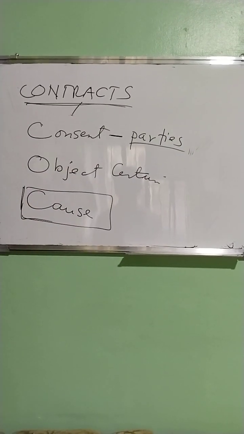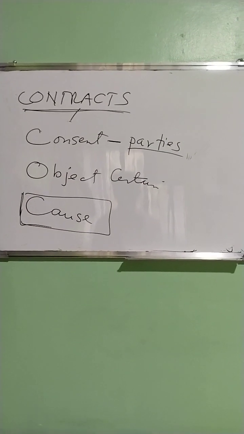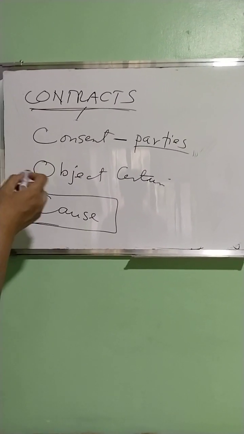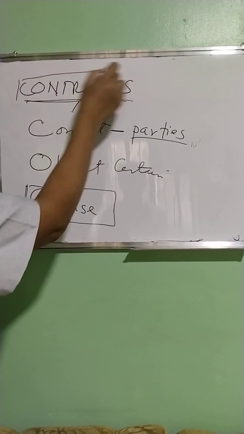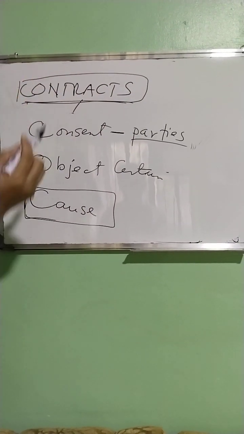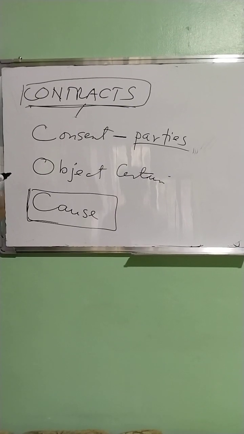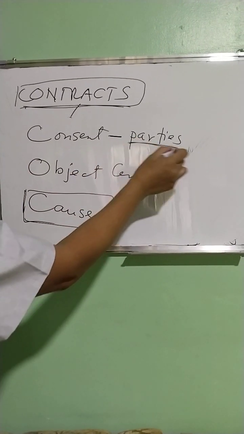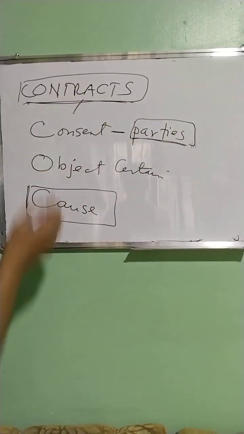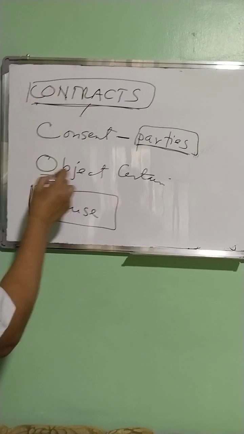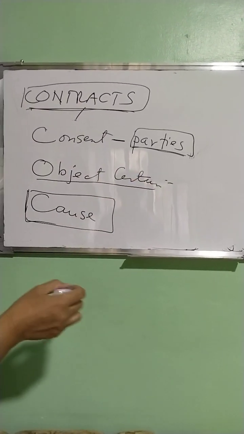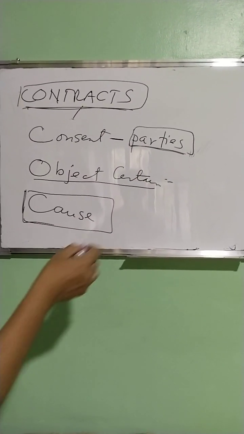Well, it depends on the contract. Generally, when we talk of the parties, it depends really on the kind of contract that we're talking about. Object certain would of course be what ought to be delivered.